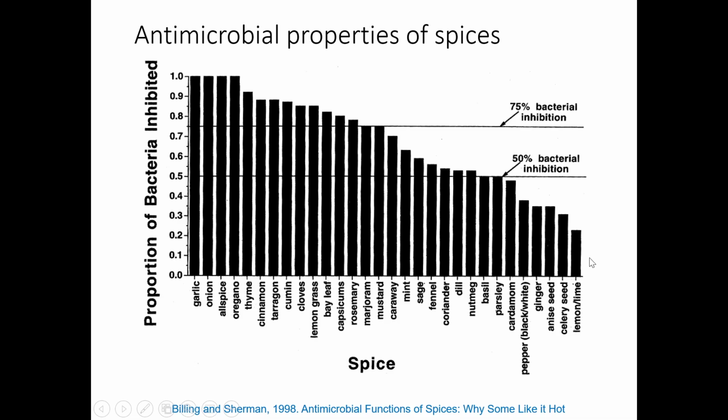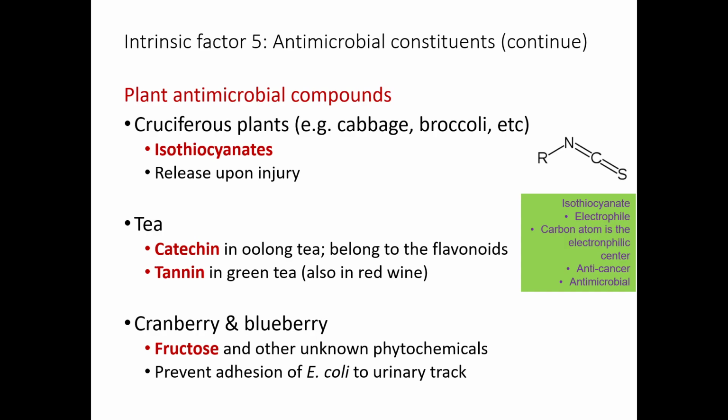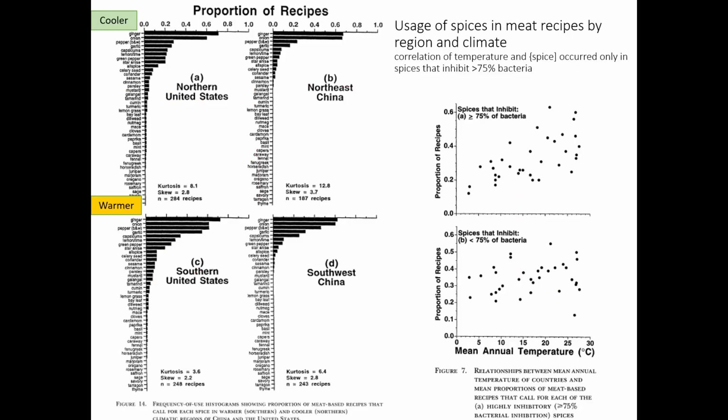So you can kind of see the effectiveness of each of these different spices. And with that, this is just some interesting information, kind of just saying that these spices have been used in order to inhibit the growth of bacteria.